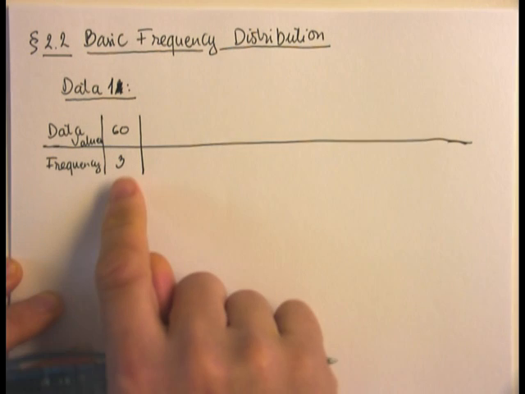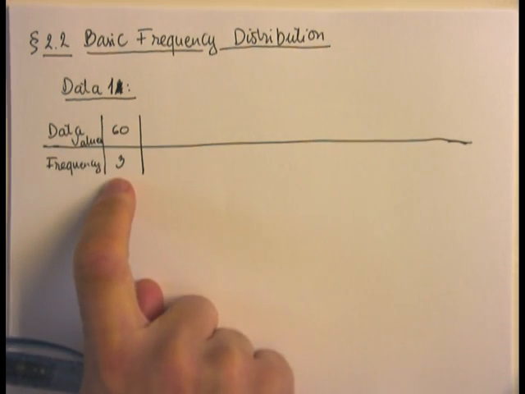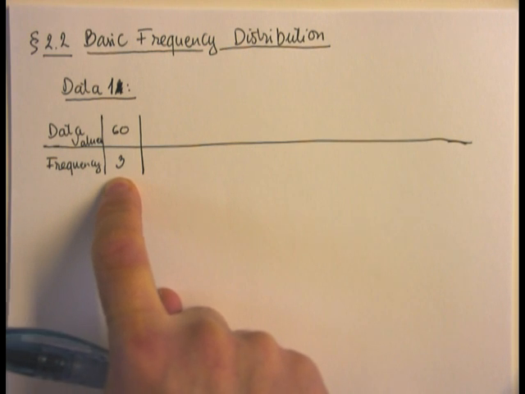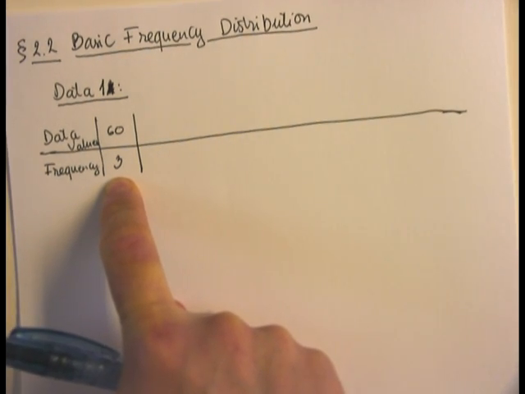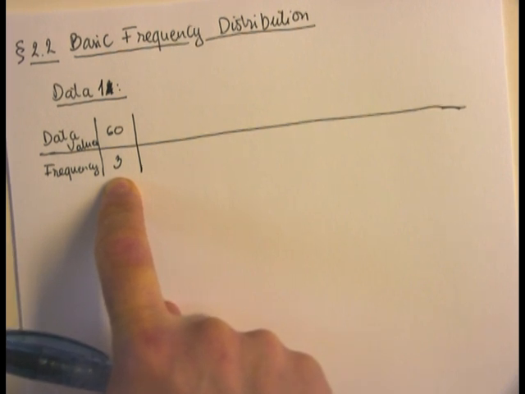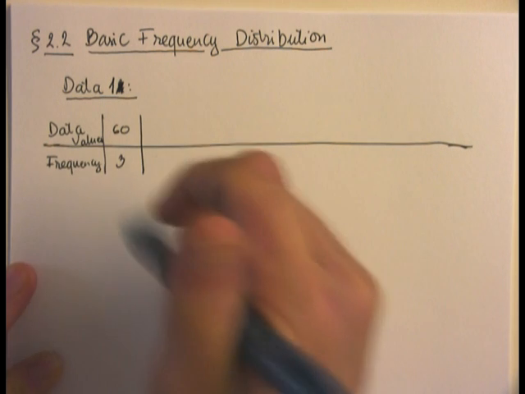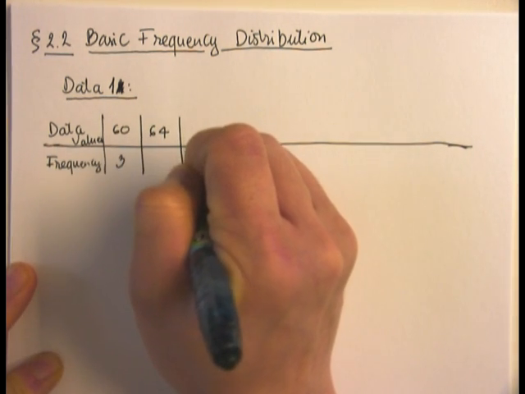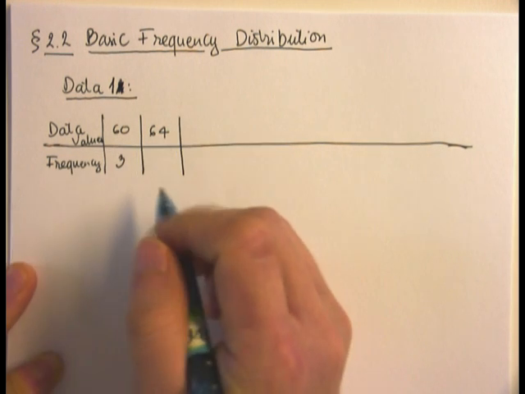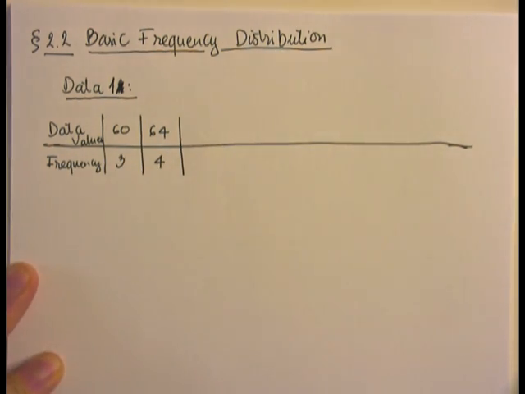So 3, the actual count of the data value 60, would be my frequency for 60. Okay, and the next data value that I can see is a 64, the next different data value. A lot of times I'm using the fancy term distinct data value. And here we have a 4 as the actual count, or the frequency.